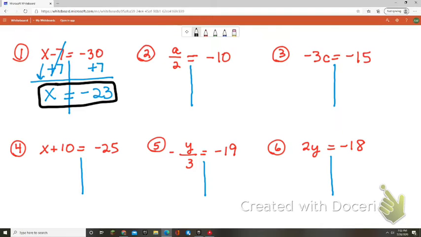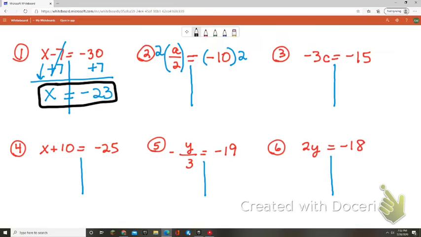On number 2, if we're solving for a, then we need to undo the divided by 2. So what we're going to do on both sides is we're going to multiply by 2. Now, what I saw in some of your work last night is that you guys are showing multiplication using an x. I don't want to see an x anymore when you're trying to multiply something. You either use parentheses or a dot. My problem number 1 had an x in it, and that x was a variable. It's not a times sign.